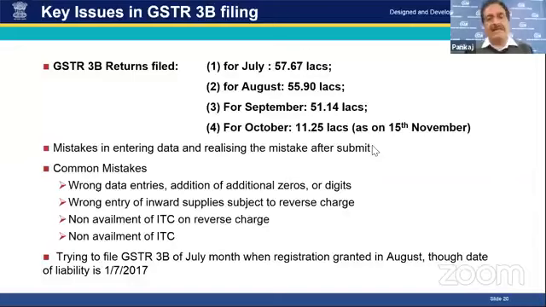Some taxpayers complain that they could not avail the ITC on reverse charge. If you have paid tax on reverse charge but have not availed the ITC, you can now claim it in GSTR 3B. You can make an adjustment entry while entering the ITC details in the relevant tab.